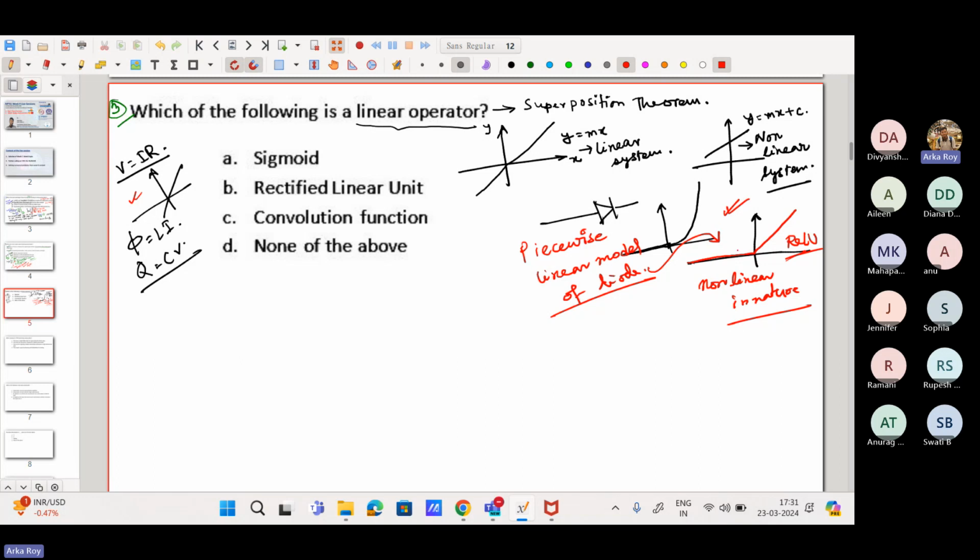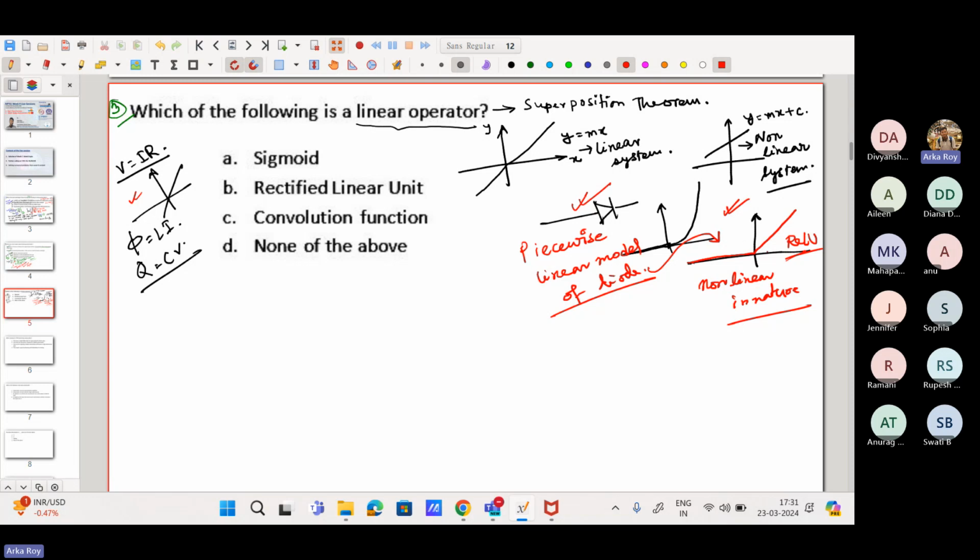My aim was to show you that a diode is a nonlinear device; even with a piecewise linear model it is non-linear, and the ReLU function resembles this operation. Therefore, ReLU is also a non-linear activation function.